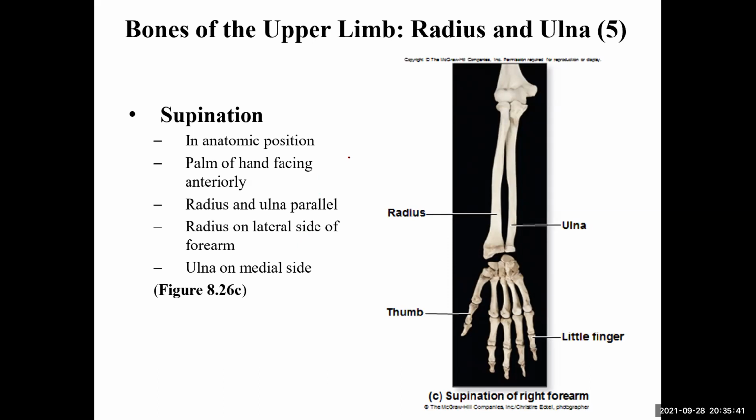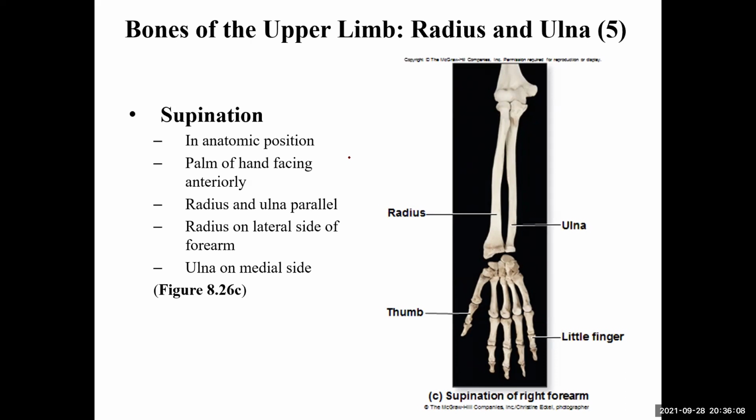I think of that as, I'm going to hold soup in my hands, preferably not hot soup, especially if I've been in the desert for 4 days. So you cup your hands together to hold your soup. That is your forearm in the supinated position, which means both the bones of your forearm are parallel to one another.